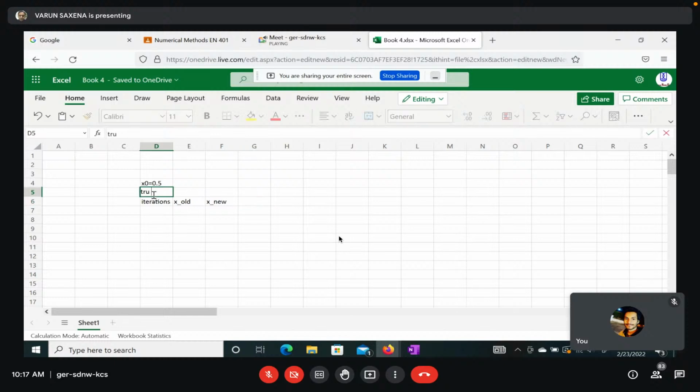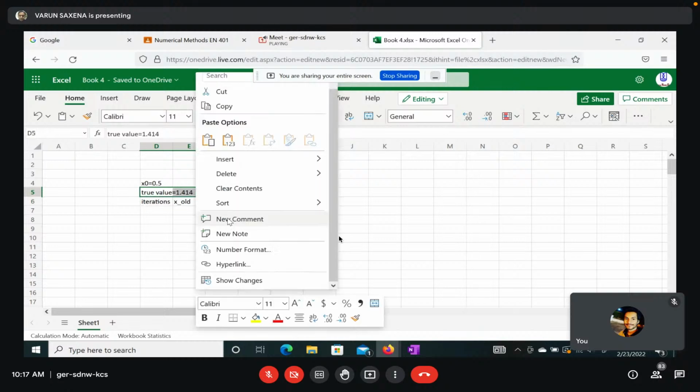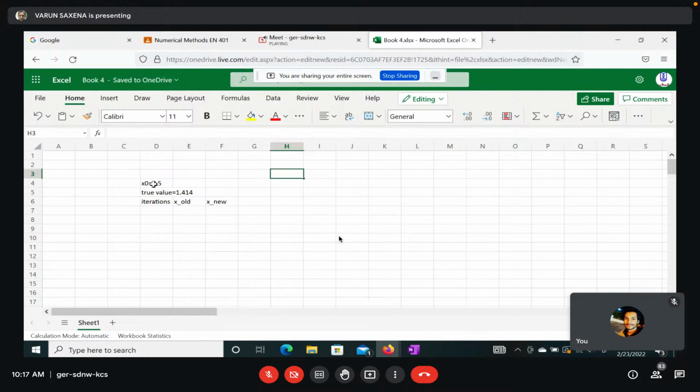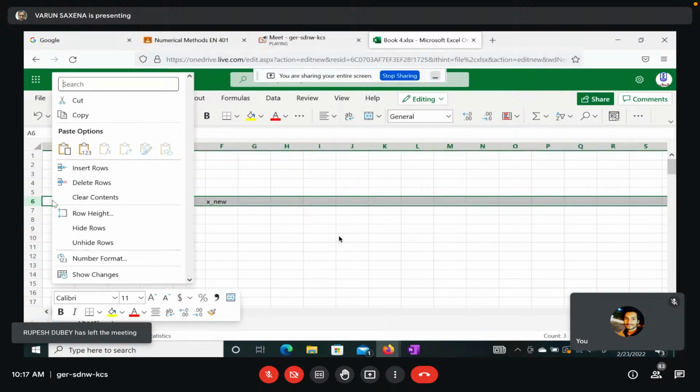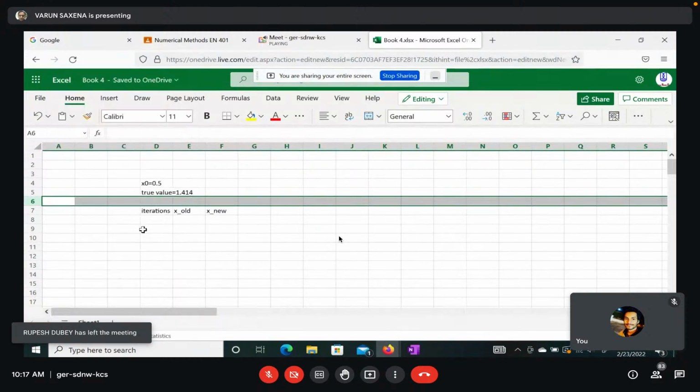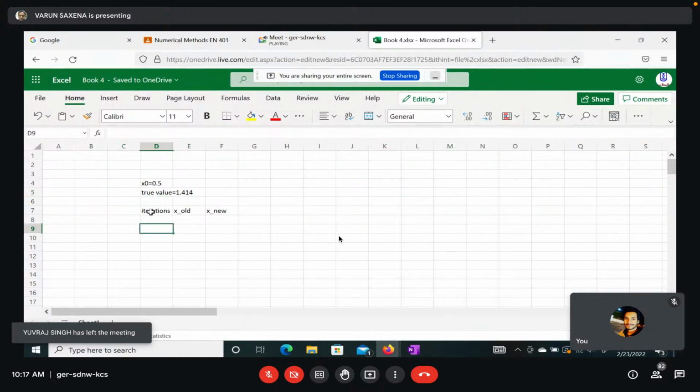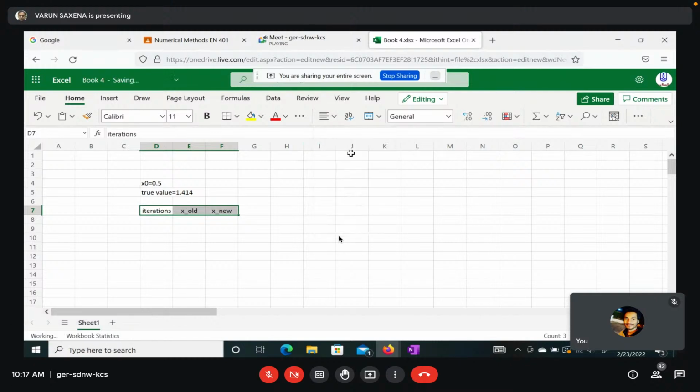So the true value is given to us, which is 1.414. Okay, so the true value is given to us. We take this as the initial value. Let's align them a little bit.